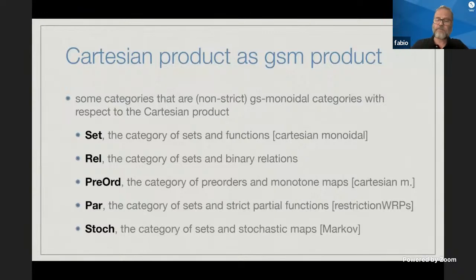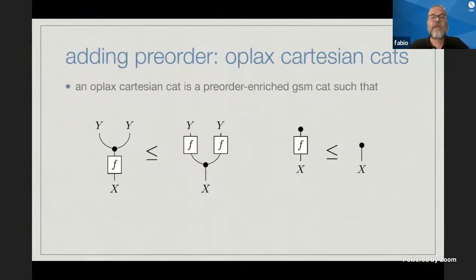Okay. Very well. Now we can move a step further and consider a preorder on these categories. A non-plus Cartesian category is just a gs-monoidal category which is preorder enriched and such that these two inequalities hold.